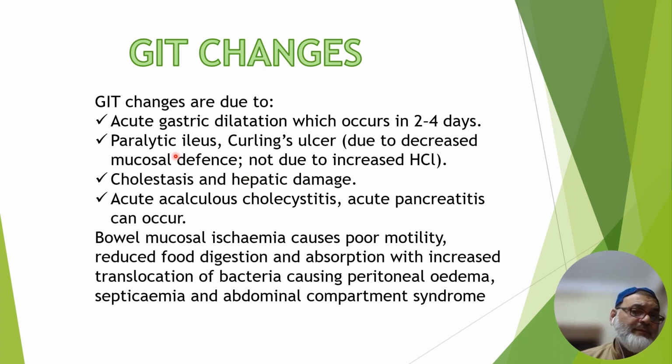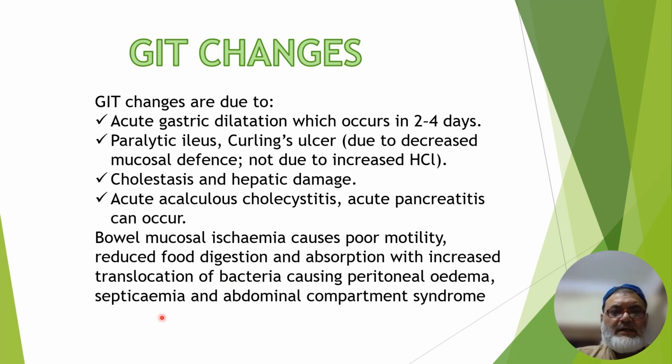So in case of paralytic ileus, अच्छा gastric जो अल्सर्स फॉर्मेशन होता है उसको हम कहते हैं, इन केस ऑफ बर्न में अगर गैस्ट्रिक अल्सर फॉर्मेशन हो रही है तो दिस इज कॉल्ड कर्लिंग अल्सर। ये सवाल आपके पास एमसीक्यूज में भी आ सकता है. Cholestasis and hepatic damage, acute acalculous cholecystitis, and acute pancreatitis can occur.